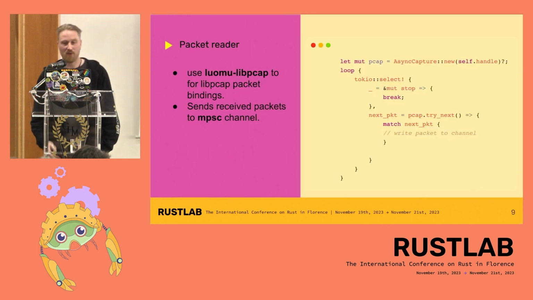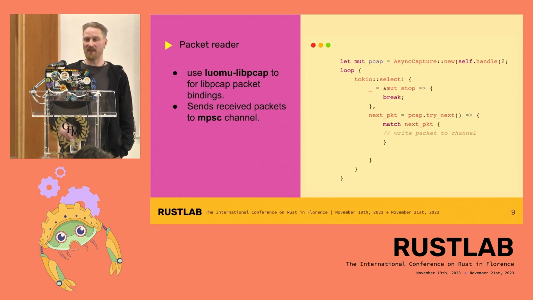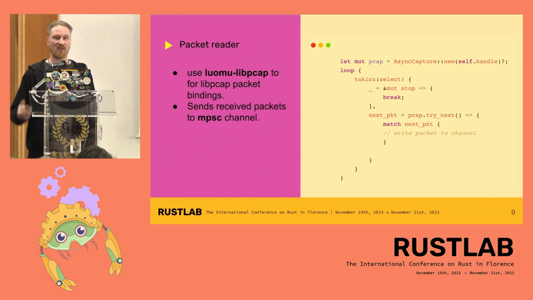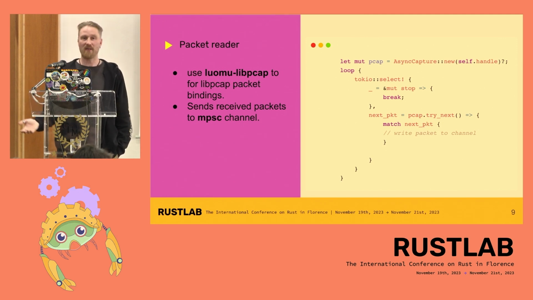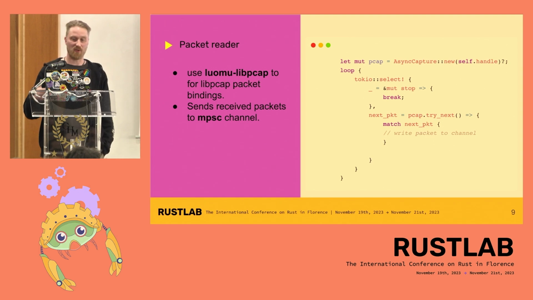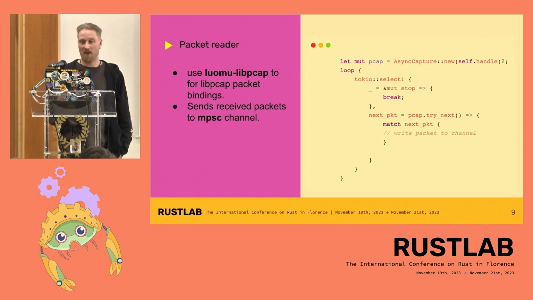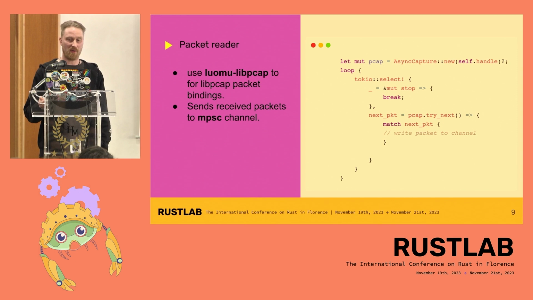So looking at the components in more detail, we have the packet reader, which is one of the simplest components. Its job is to receive packets, raw network data from an interface, and then forward this into a channel. All it does is run in a loop where it receives a packet from the network and then writes it into a channel.